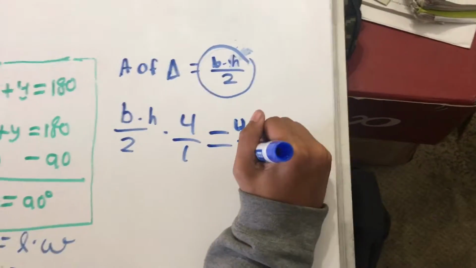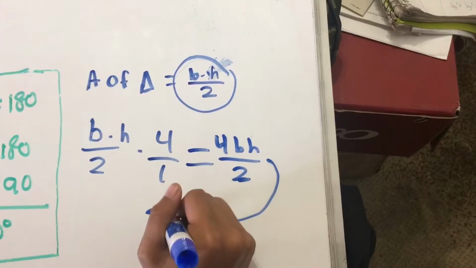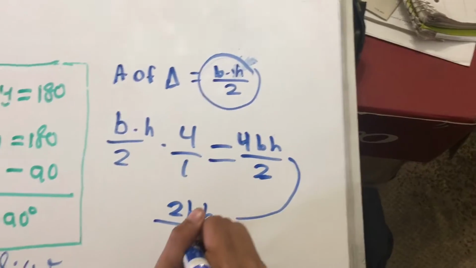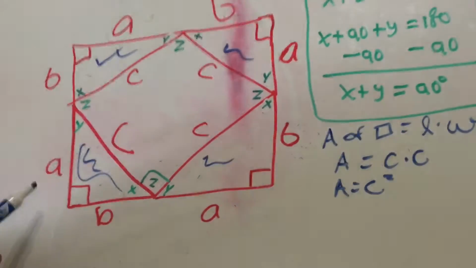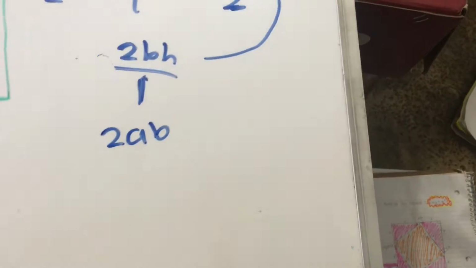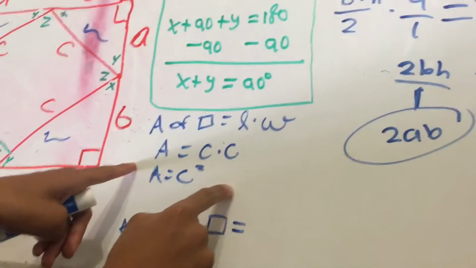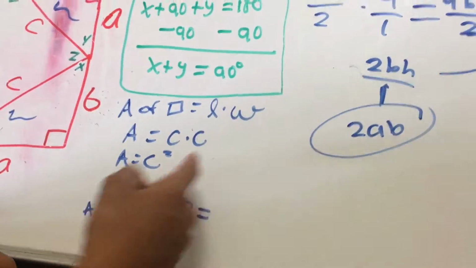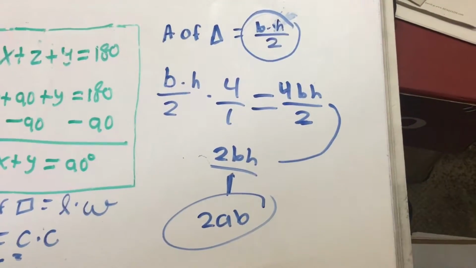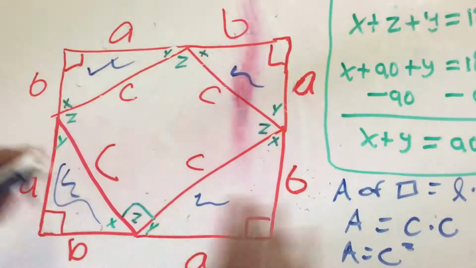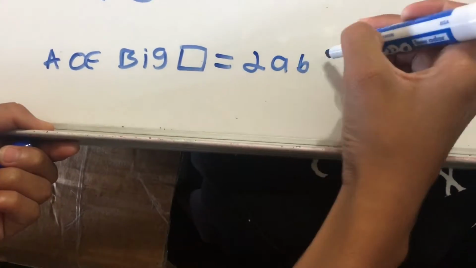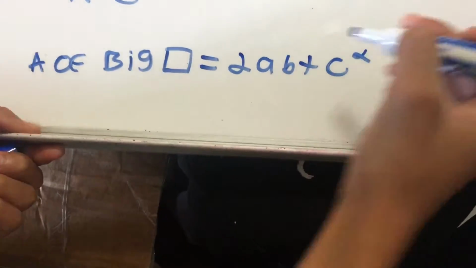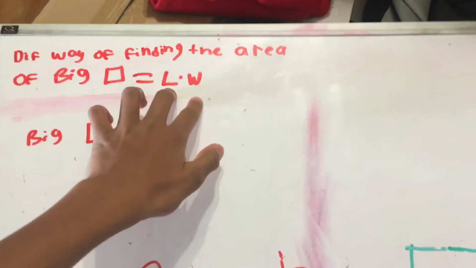So 2bh over 1. In this case, the triangle's base and height are labeled a and b. Area of the inner square and the area of one triangle. Now we know the area of the whole square, which is 2ab plus c squared.